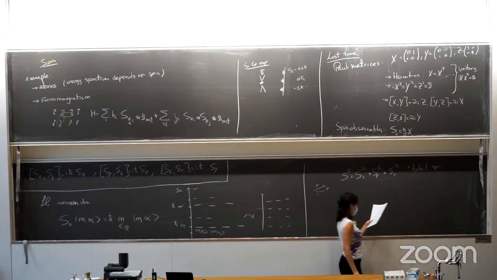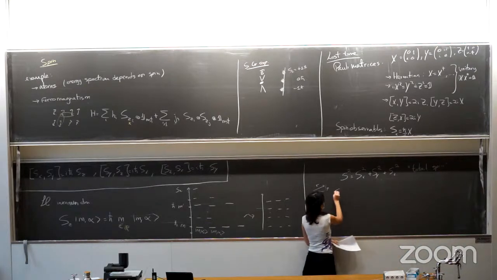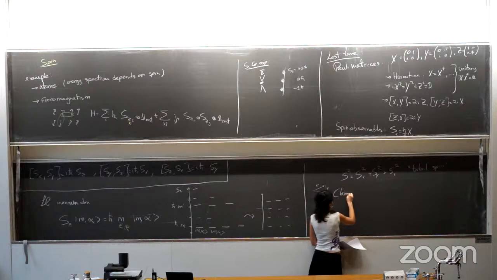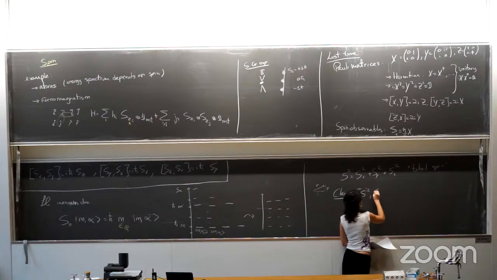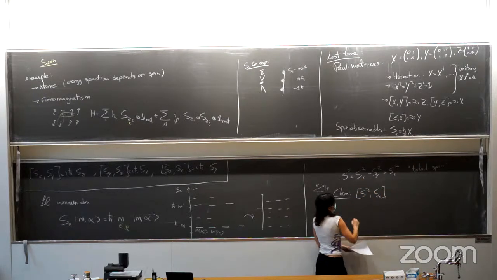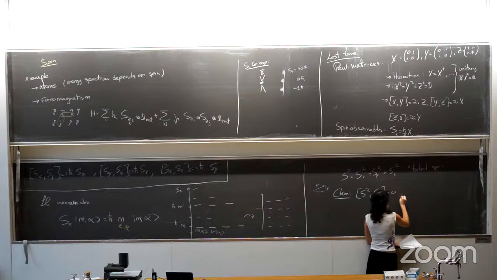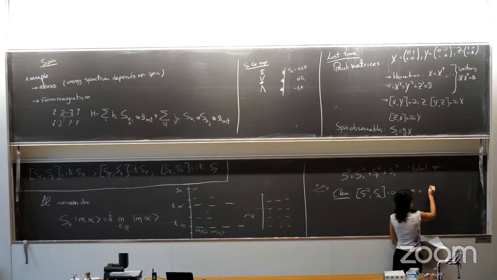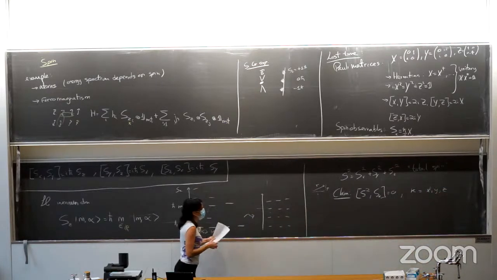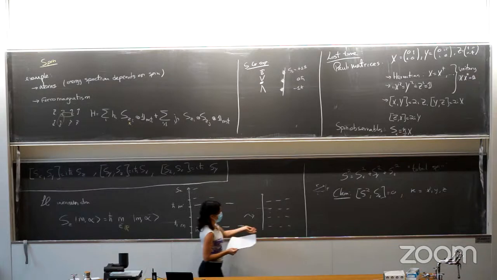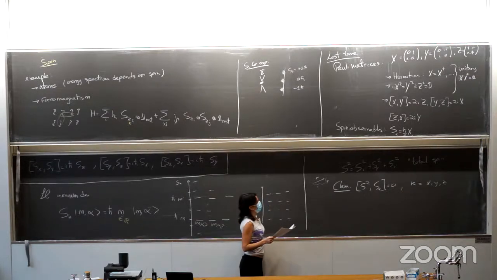And then the first thing we do is to show that it commutes with all the individual spins, X, Y, Z. And why do we do this? Well, if this is true, then they share an eigenbasis.